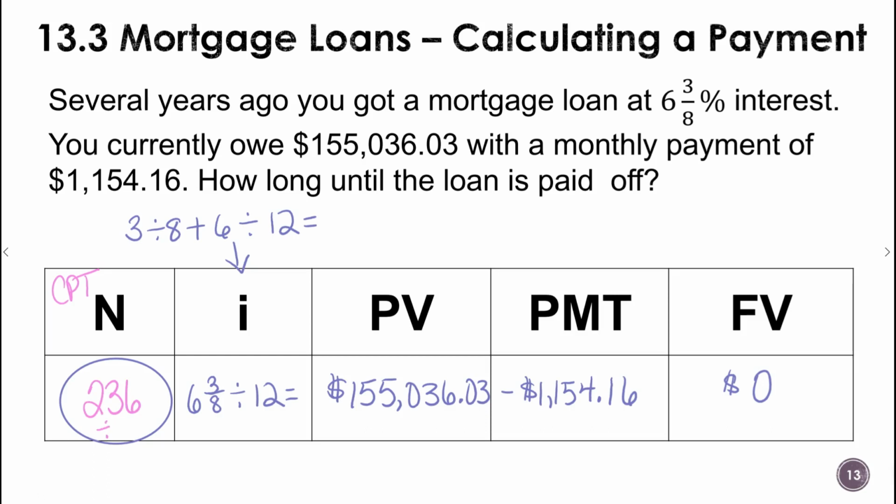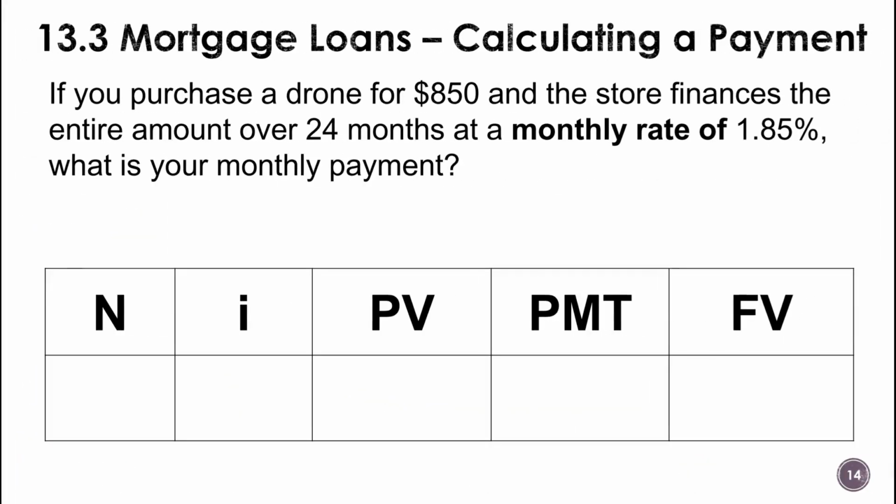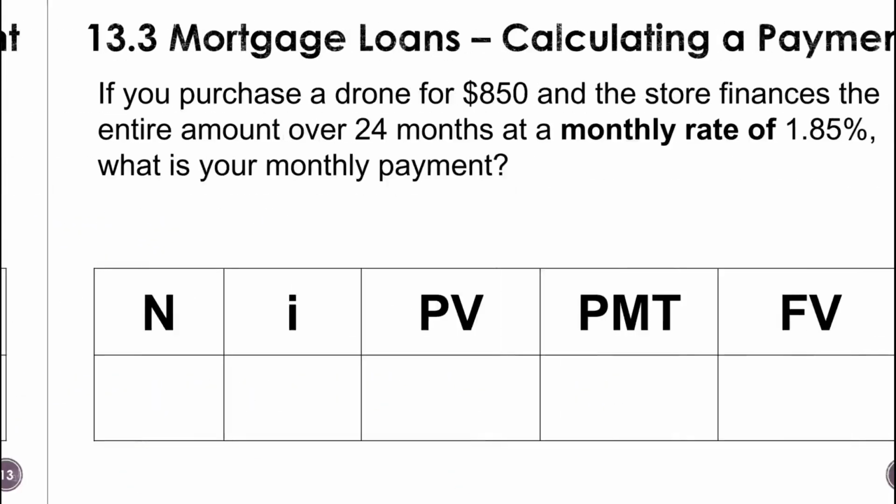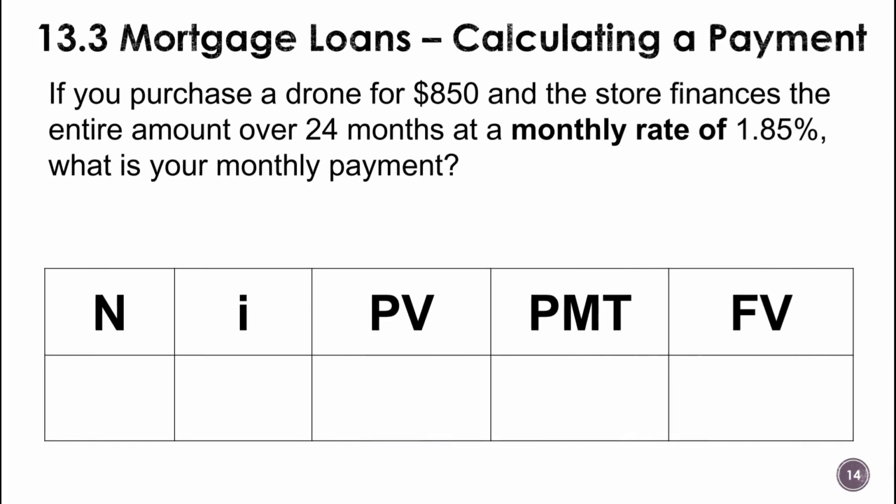If you divide that by 12, then you get about 19.67 years for that loan. And then one last question. All right, that's all we're going to do for that one. It's just saying how long until the loan is paid off when you're already into the loan a ways.